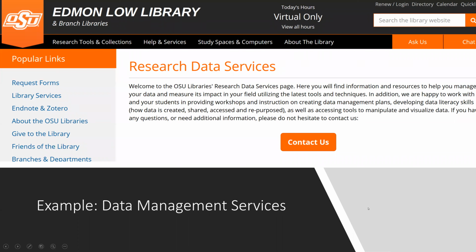The Oklahoma State University libraries did something similar to try to look at their research data management services. So they interviewed, I think, about 31 faculty across disciplines about their research data management process, as well as their students' research data management needs, and took all these interviews and used the design thinking process to figure out what are the major problems or challenges in which the library can take a bigger role.